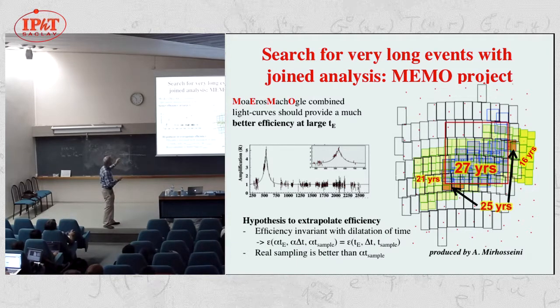But if I multiply this by 10, I will have the same efficiency with the same sampling, but in reality I will have a better sampling. So I can infer that we'll have a better efficiency, and by using this equality I will be pessimistic in the final sensitivity of a combined analysis of the light curves.